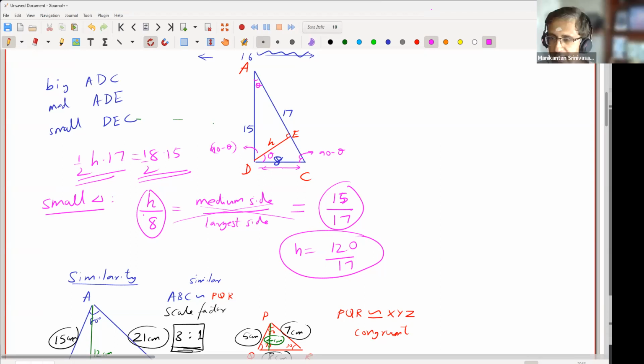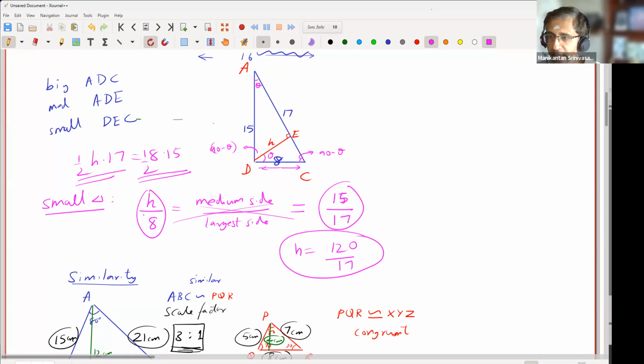In the big triangle, all three sides are known as 8, 15, and 17. In the small triangle, I know one side as 8. I don't know the other side, which is H. I don't know the third side also, which is EC.